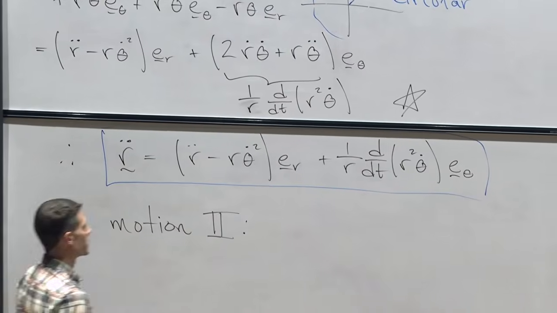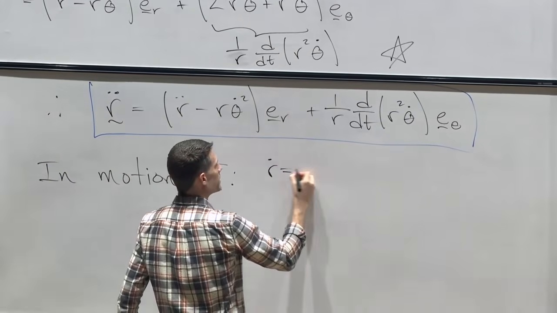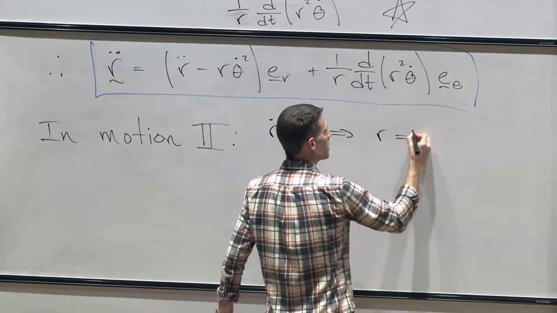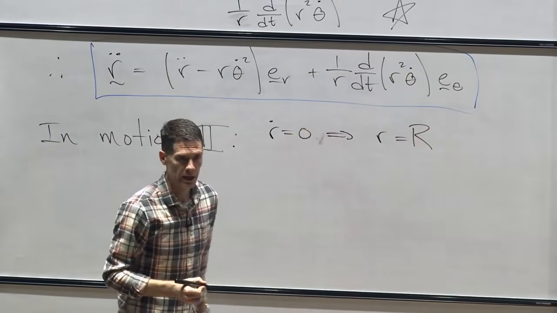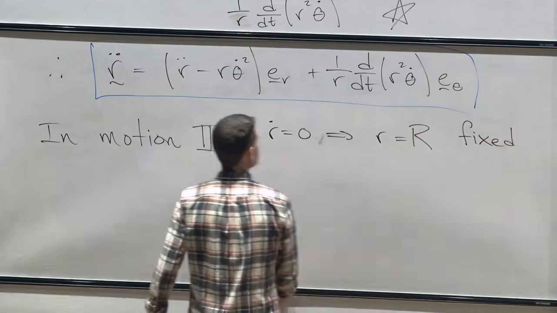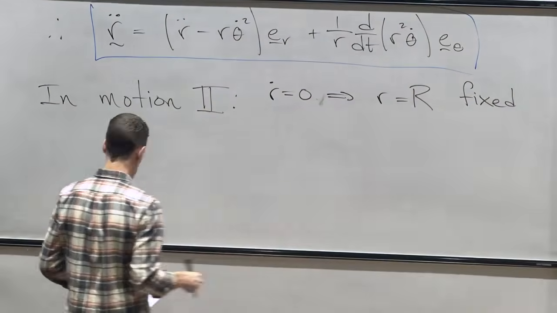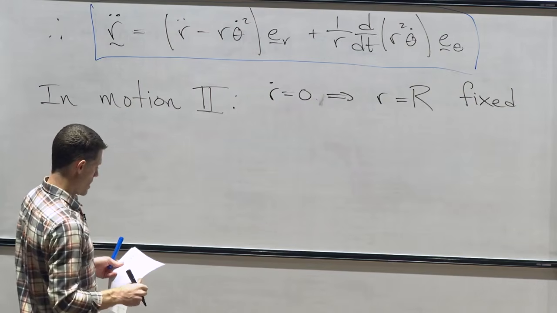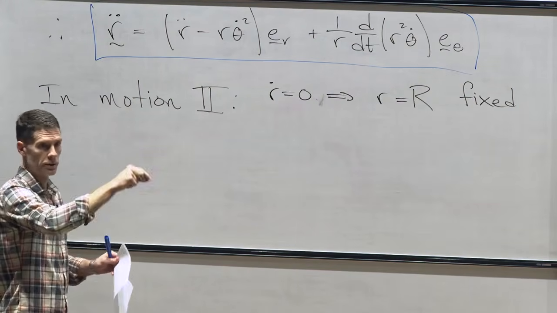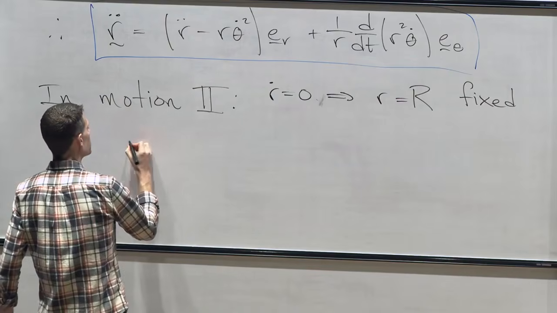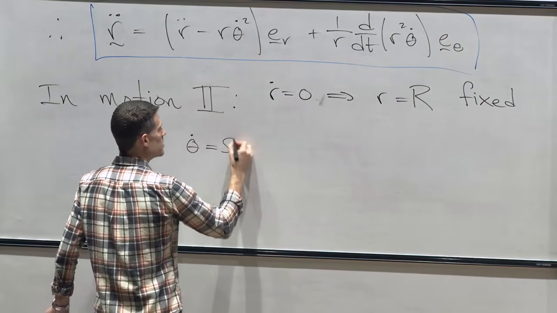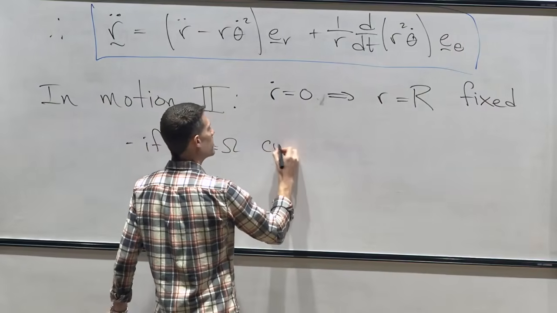in that motion, we're saying that scalar r dot is 0, so scalar r is some constant, which we call capital R, is fixed. And if we make it even more simple, suppose that theta dot is also a constant. We'll call that constant omega.